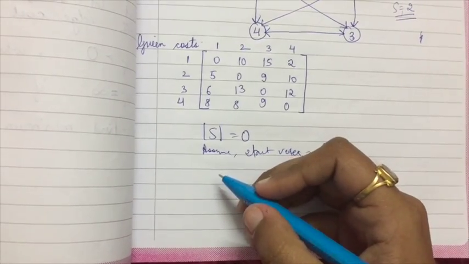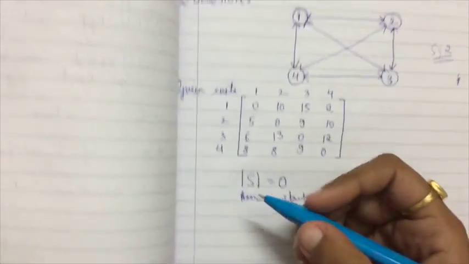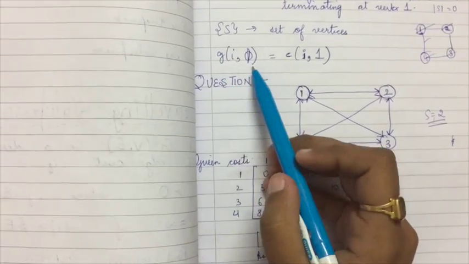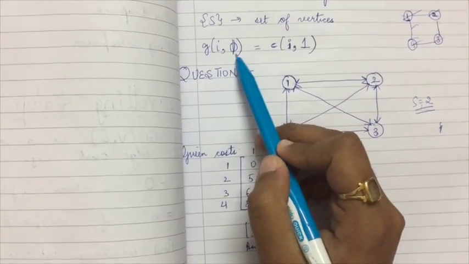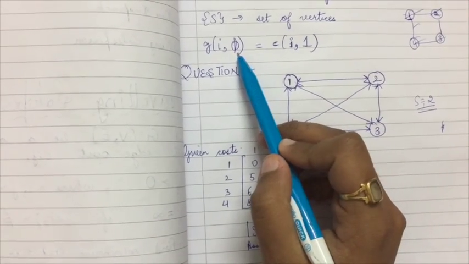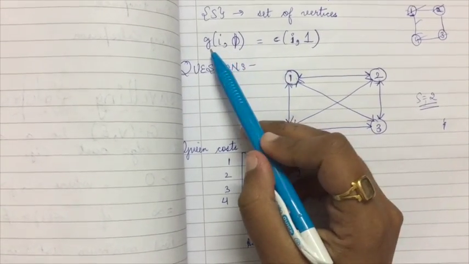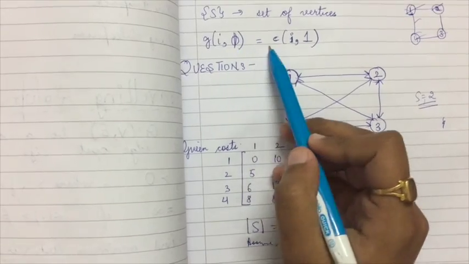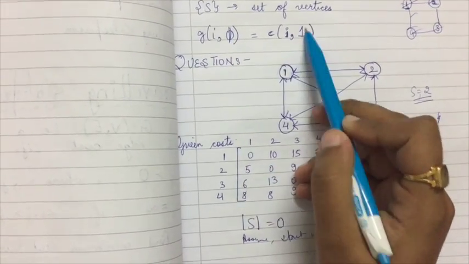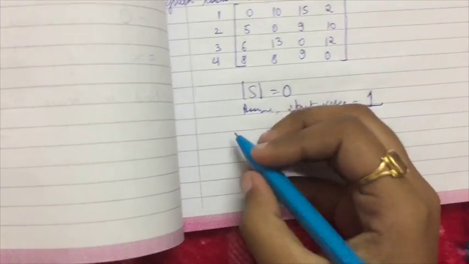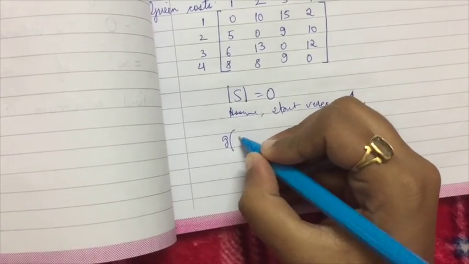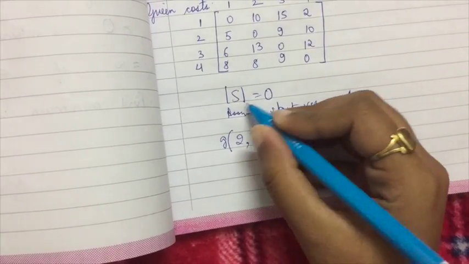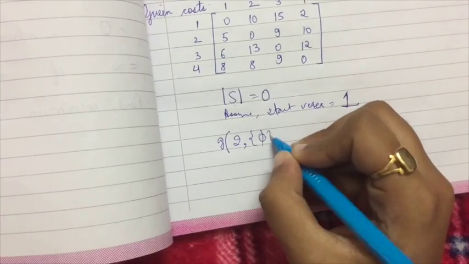One more formula that we have to take care of is that when there is no vertex in the set S, directly g of I comma phi is equal to the cost between I and 1. Let's see how. So we have g of I, where I is any starting vertex, say 2 comma, and right now S is equal to 0, that is phi.